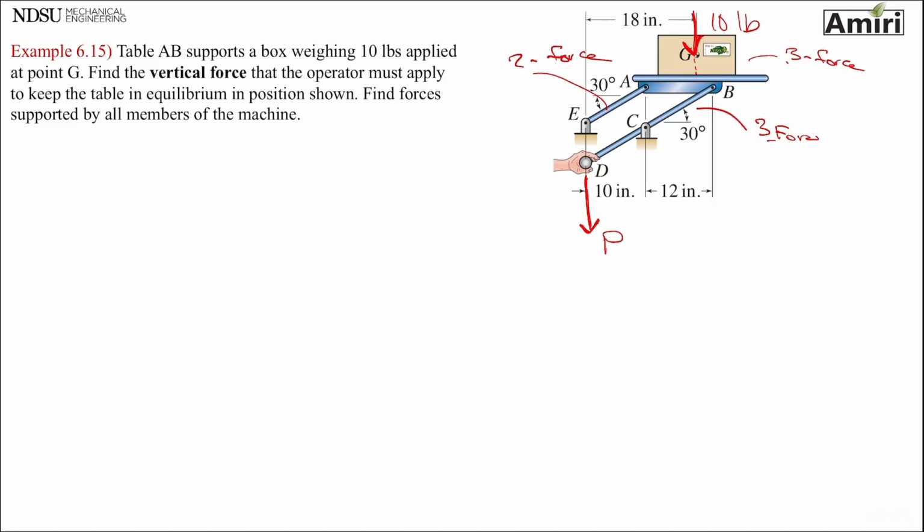So now I have to draw a free body diagram of each member. FBD of each member. Let's see, member A, B, G. Outline of the shape, it's good enough for me.